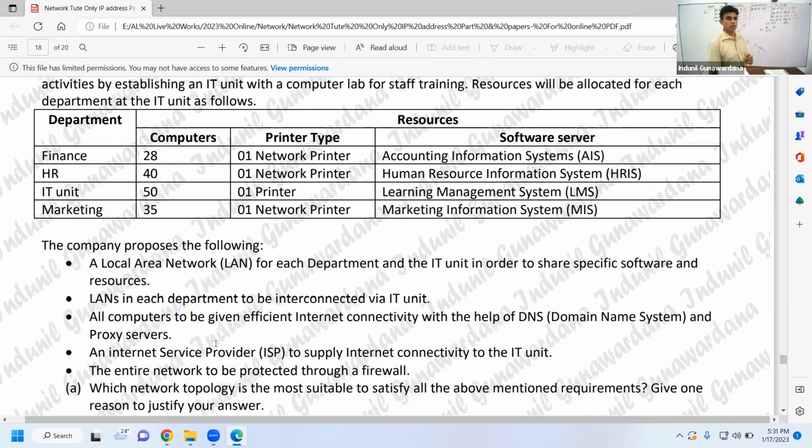No, network printer is there for other than the IT, right? IT has a normal printer. So into this, there's a printer connected. And here we have to label this as network printer, right? Not just printer. Okay. Even here we need to have a network printer. Also, we need to have another network printer connected here. They are the drawings. And all of them are connected to IT department.